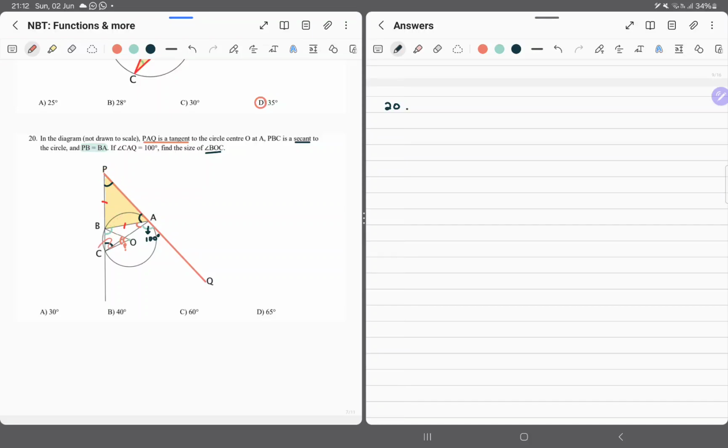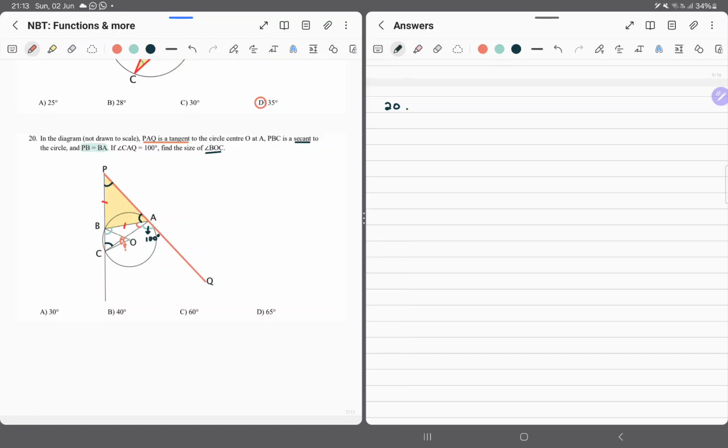This angle, ABC, is an exterior angle of that isosceles triangle, with those two angles being equal to each other. And that means we can use this angle to find this angle A on this side, which is PAB or BAP. We already have this one as 100, and these are angles on a straight line, so that means we can find BAC. After that, we move and move and move.